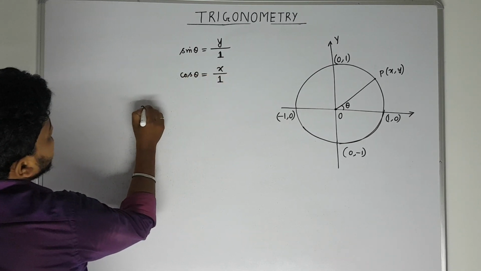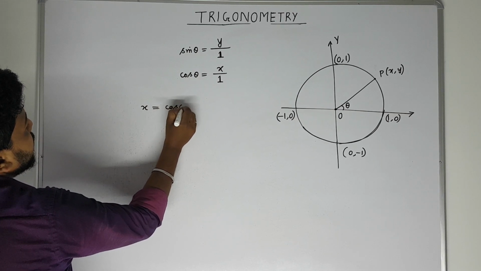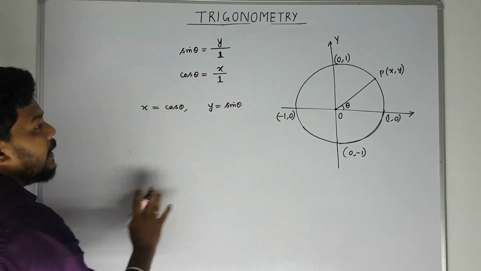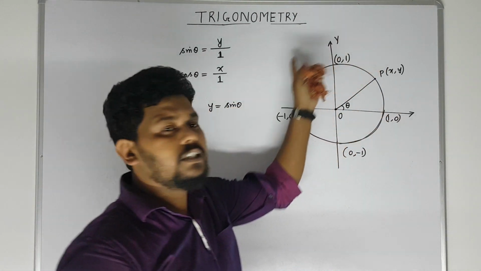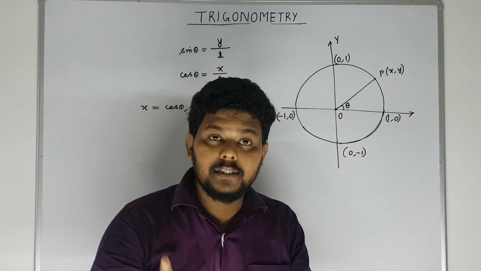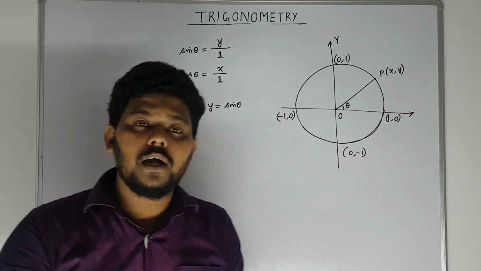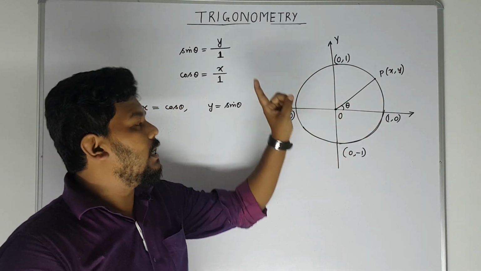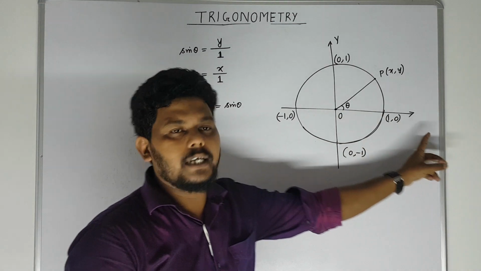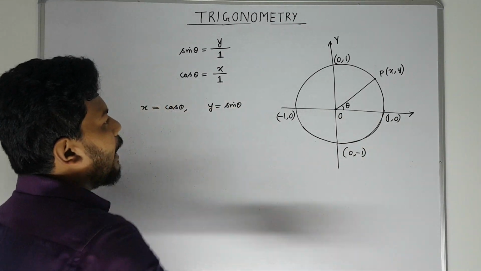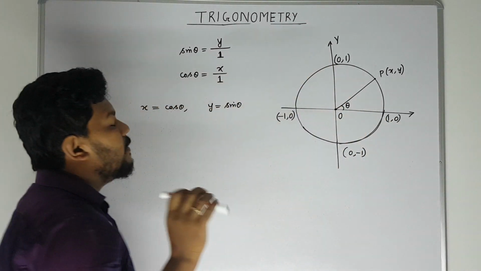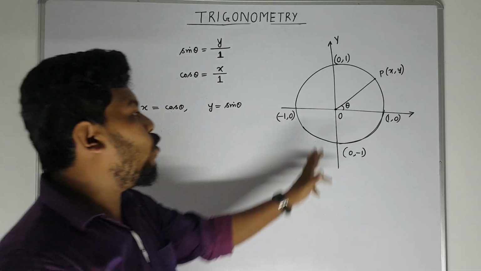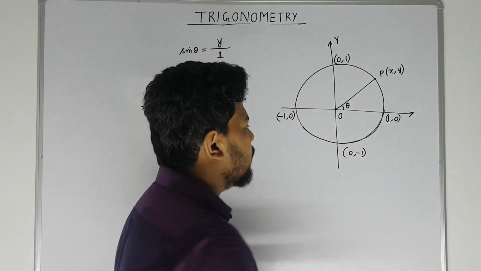So clearly x is equal to cos theta and y is equal to sine theta. That means any point lying on the circumference of this circle represents the values of cos theta and sine theta for the respective angle it forms with the x-axis. So any point lying on this circle represents the trigonometric ratios of that corresponding angle theta, which the line OP forms with the x-axis.